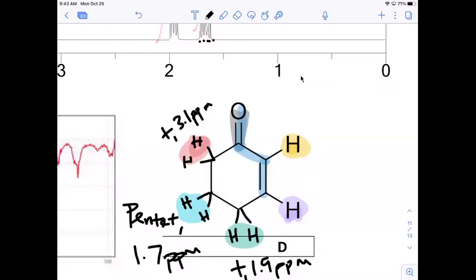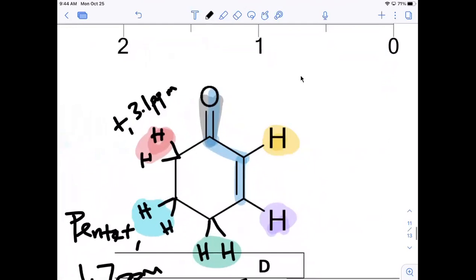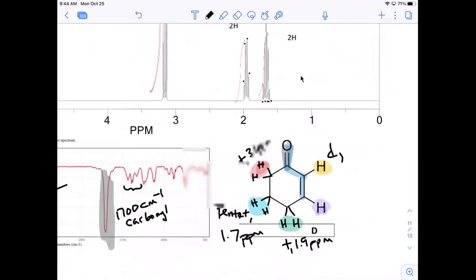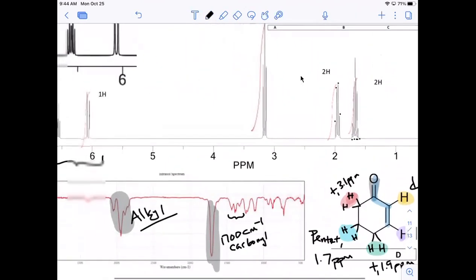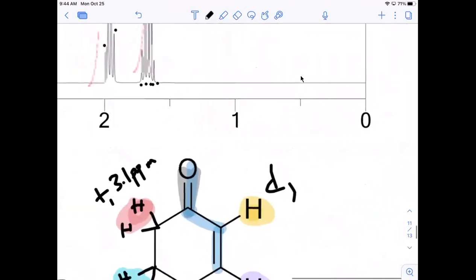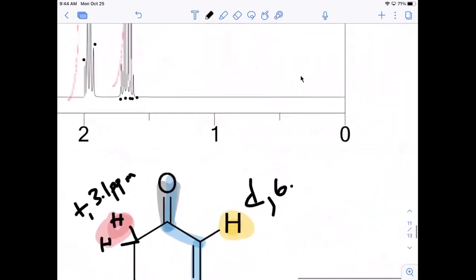Would it be the one that's closest to the carbonyl group? Yes. This one. Yes. So that's going to be a doublet at is it right at 6? Not 6. 6.01. I'm estimating that.